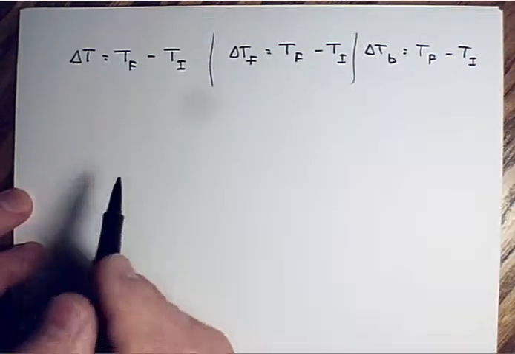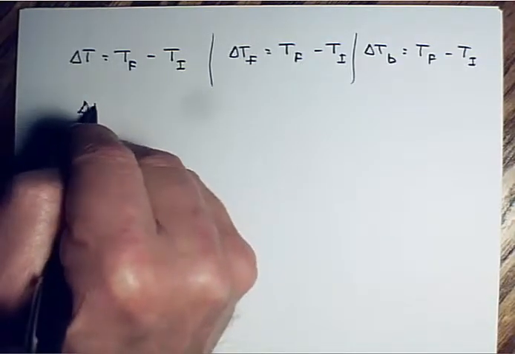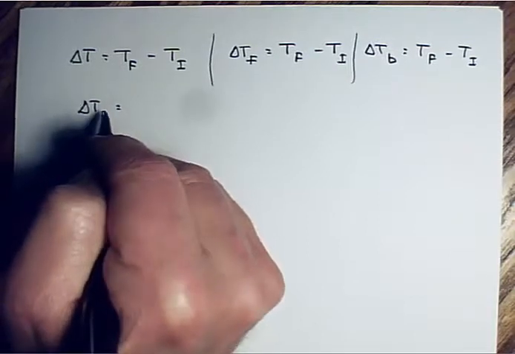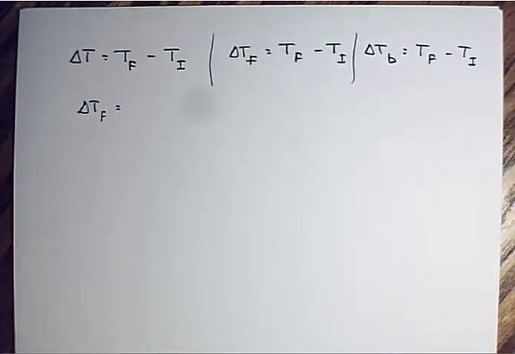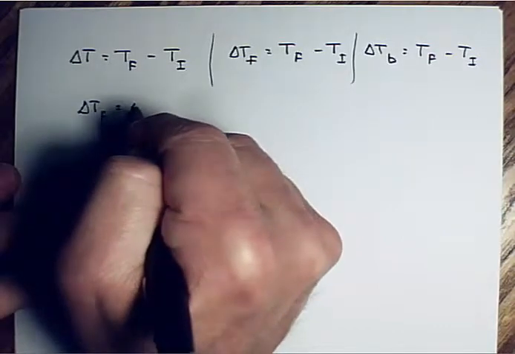If we're looking at the change in freezing temperature, there is another equation that defines what happens when you put a solute in the solvent. There's another equation that defines the change in temperature as solute is increasingly added to the solvent. And that equation is this.